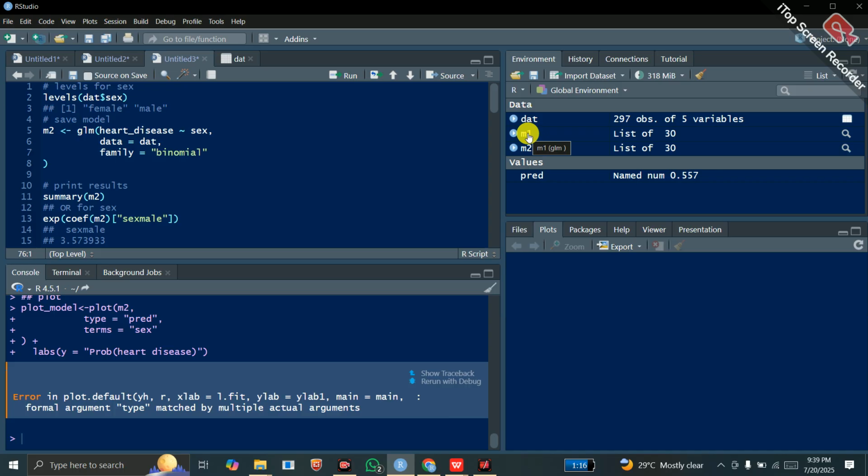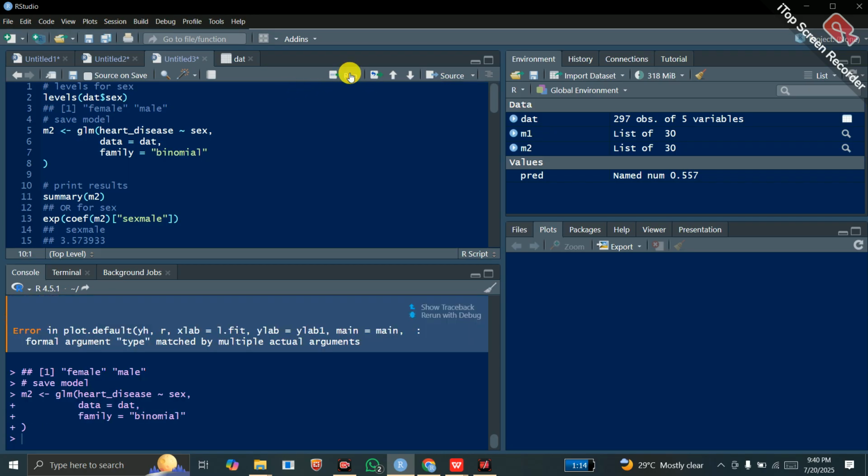Now I am going to estimate M2. This is another model, and here I am also using a binary logistic regression model, but this time instead of a quantitative independent variable, I am using sex as a categorical independent variable. So first of all, I would like to estimate the model, and let me click on this. So the model has been estimated.